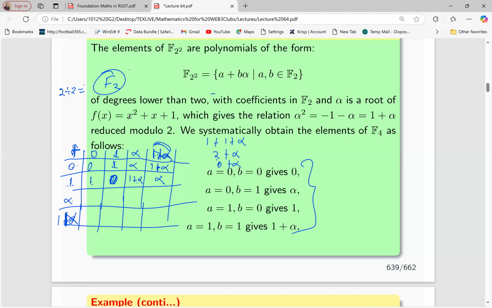Now let's add alpha to each of them. This will be alpha. Then alpha plus 1 will be 1 plus alpha. And then alpha plus alpha will be 2 alpha, but we are doing it mod 2, so the remainder is 0.